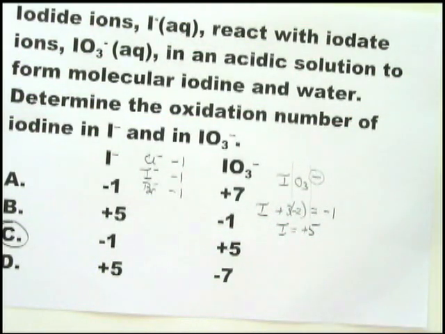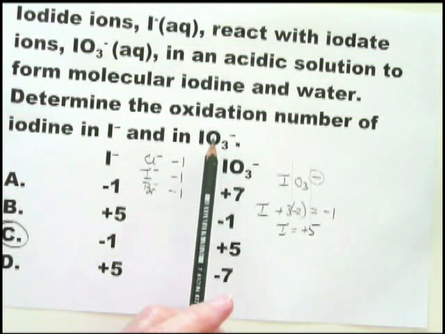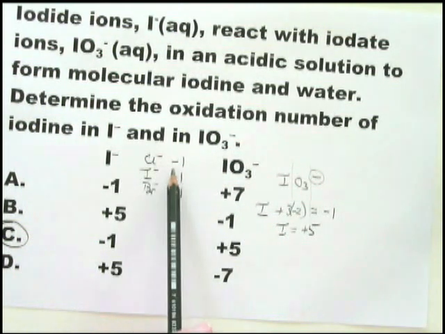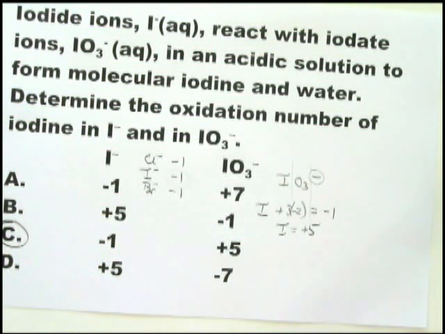Something that you'll come across in other problems is the iodate ion. And you must simply remember that the iodate ion does have an oxidation number greater than minus 1. The only ions with iodine or chlorine or bromine in them that have an oxidation number of minus 1 are the chloride ion, the iodide ion, and the bromide ion.